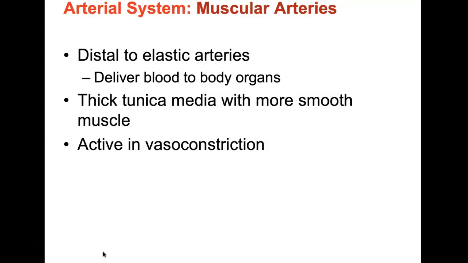Proportionally, muscular arteries have the thickest tunica media of all vessels. Their tunica media contains relatively more smooth muscle and less elastic tissue than do the elastic arteries. For this reason, they are more active in vasoconstriction and less capable of stretching. In muscular arteries, however, there is an elastic membrane on each face of the tunica media.